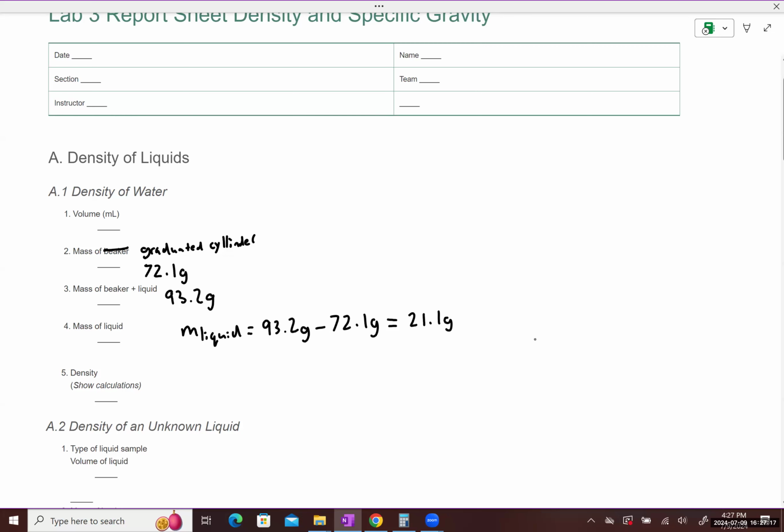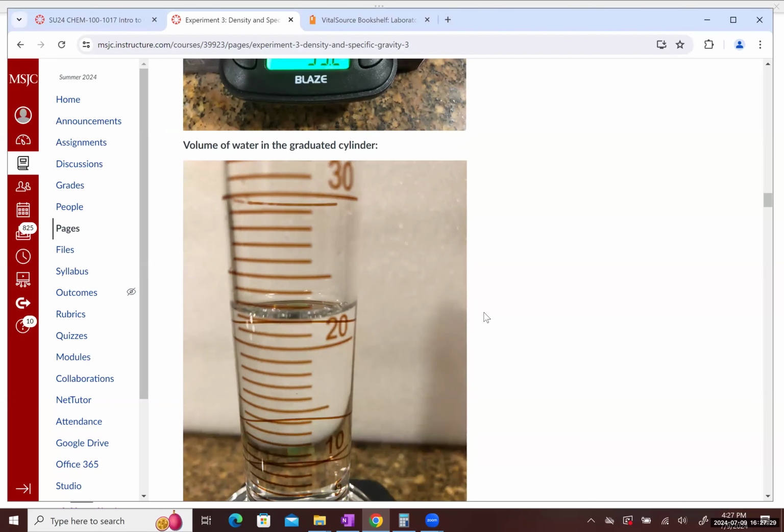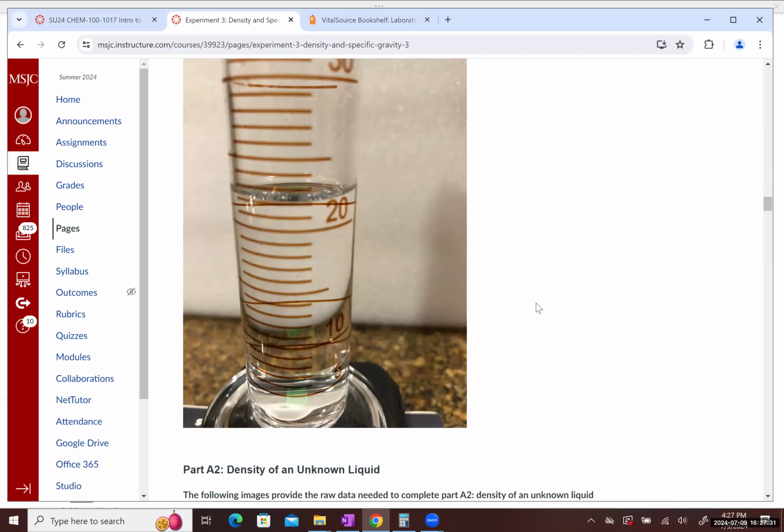So the mass of the liquid in this case would be 21.1 grams. And then we have that data inputted. Now let's take a volume reading. So the volume of water in the graduated cylinder, again, we're going to read from the bottom of the meniscus at eye level. Let's draw that in.